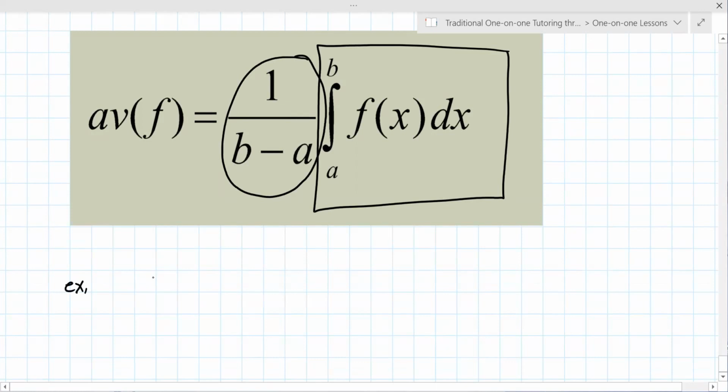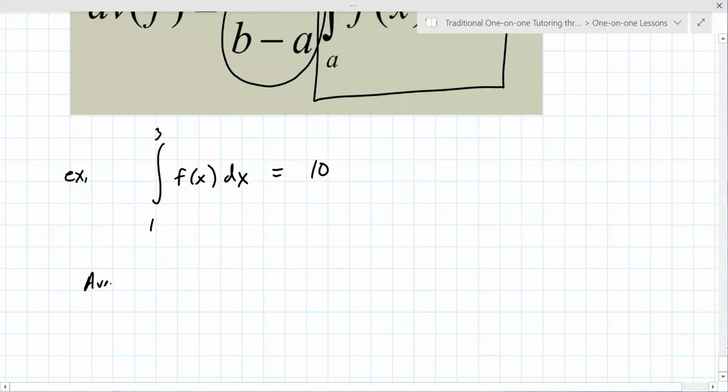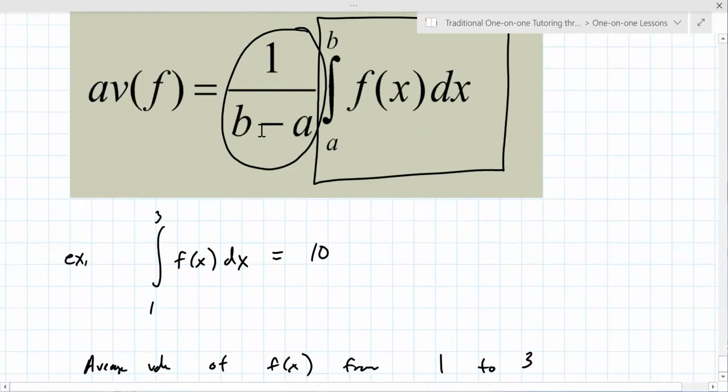Let's say the integral from 1 to 3 of f of x dx equals 10, and the instructor says, I want the average value of f of x from 1 to 3. So we're using this formula here, and this is a and this is b.